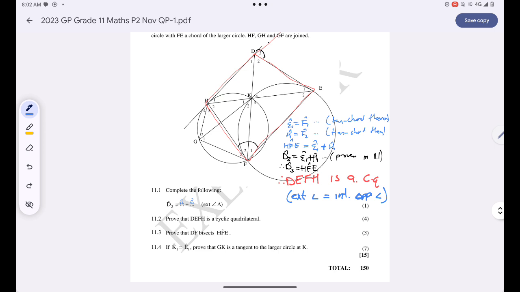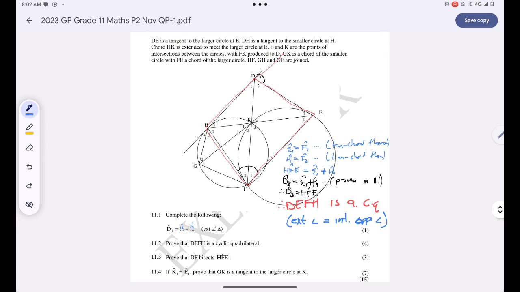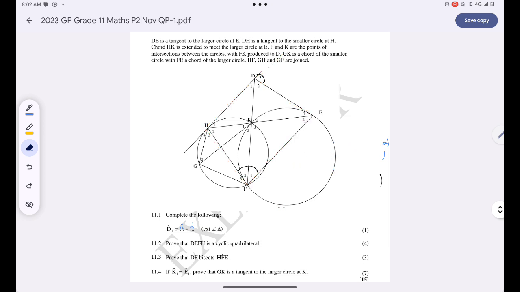DF bisects HFE. Where is DF? Okay, DF bisects HFE. Basically they want us to show that F1 and F2 are the same.